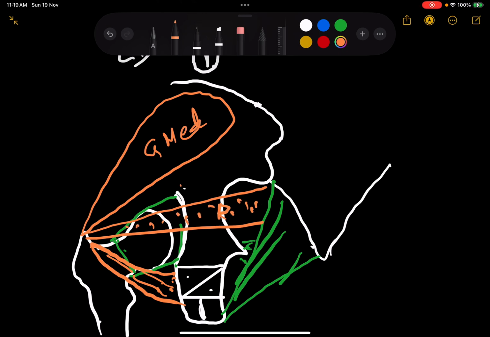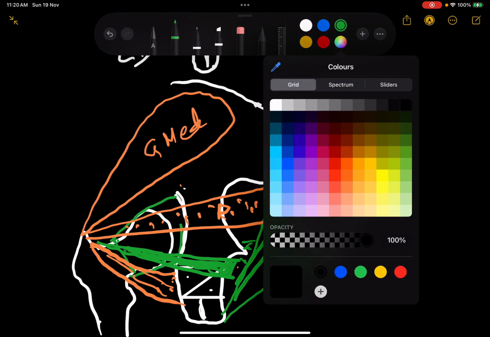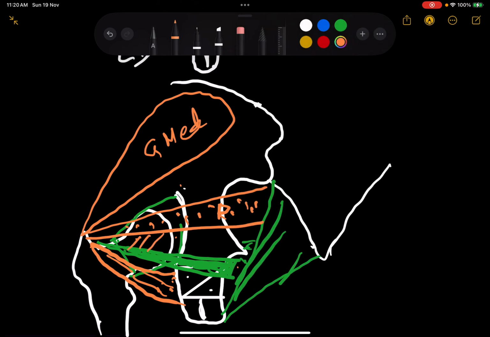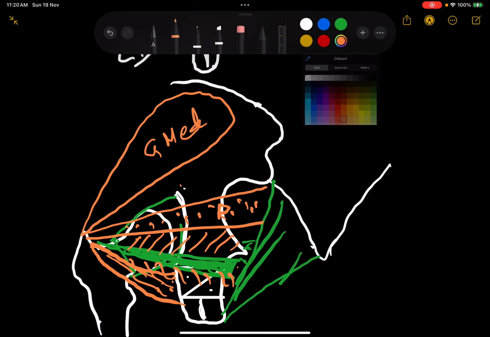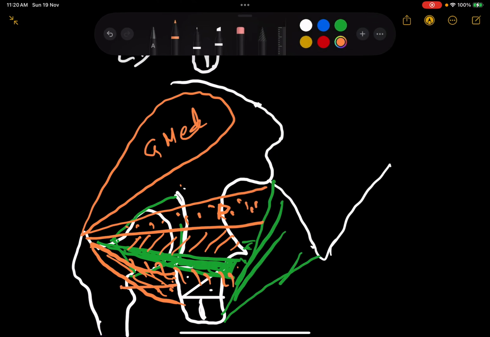Then muscle coming from the inner surface of the obturator foramen, winding down the lesser sciatic notch and getting almost a tendon getting inserted here is the obturator internus. And this is always associated with a superior gemellus and inferior gemellus. And the lowermost muscle which covers the obturator externus is the quadratus femoris.